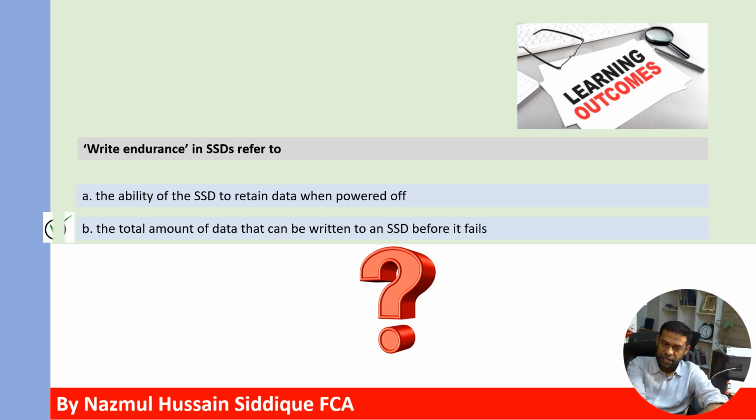Which one is the correct answer? The correct answer is B. The total amount of data that can be written to an SSD before it fails is write endurance in SSD.